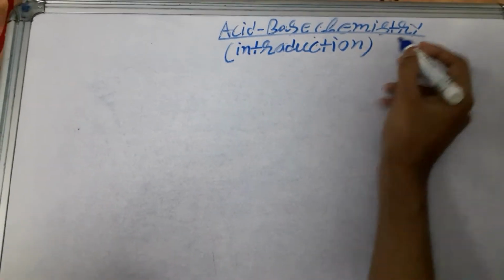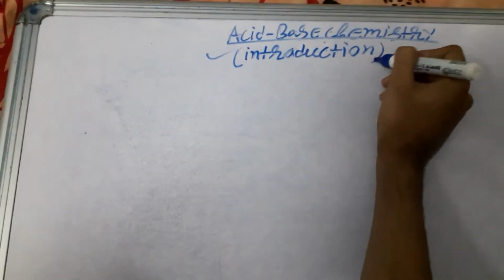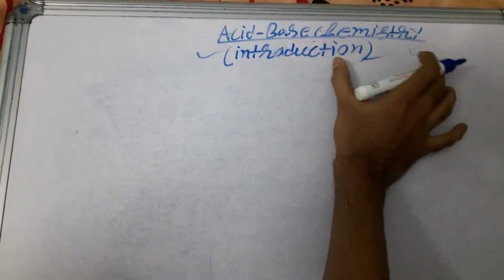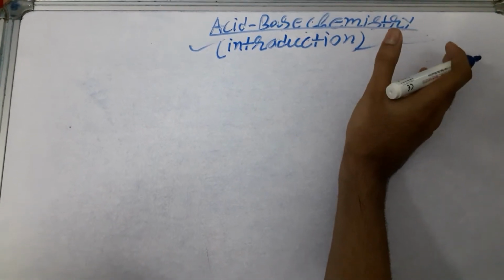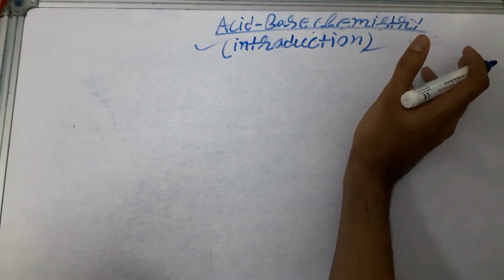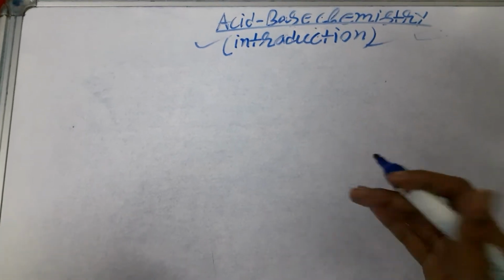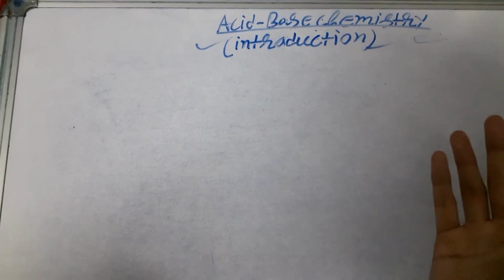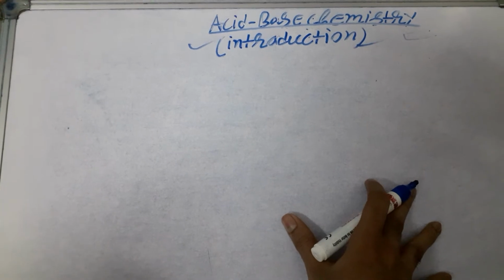This is basically an introductory class, which means we discuss some basics of acid and base: what acid is and what base is, how to measure acid and base, what the scale of it is, some examples of acid and base, and also some formulas to do numericals for acid and base.